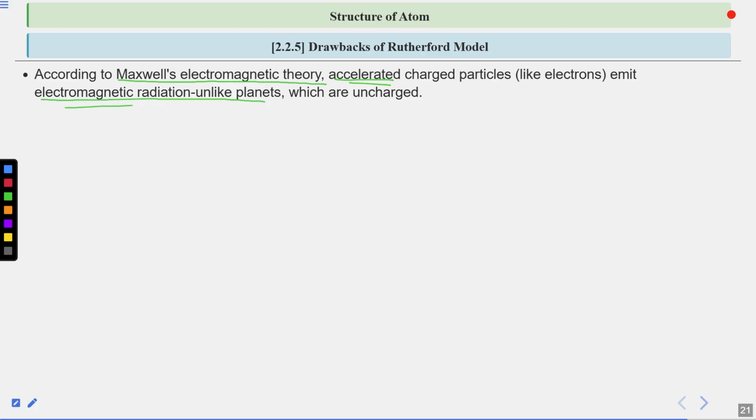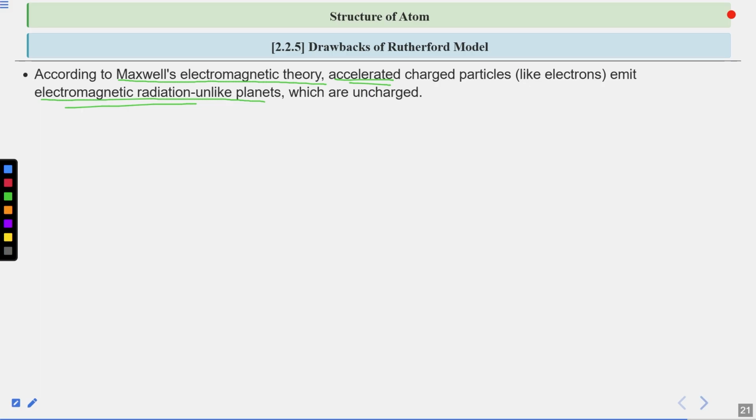We'll learn about this Maxwell electromagnetic theory in physics, where you will see that if a charged particle is accelerating, then it would lose energy in the form of electromagnetic radiation.